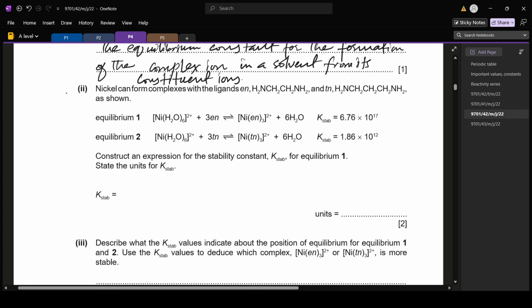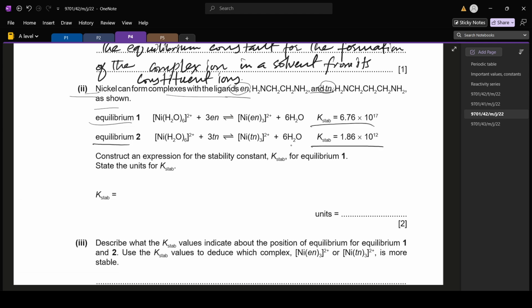Part 2. Nickel can form complexes with ligands en and tn, as shown. Equilibrium 1 is shown and equilibrium 2 is shown. The K stability values of these two are also shown.